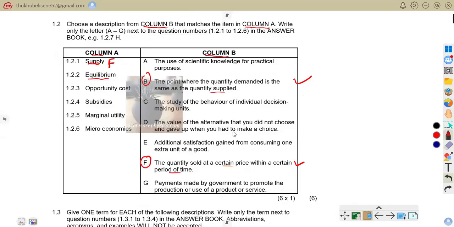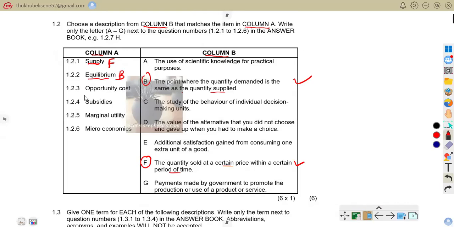So equilibrium is where demand equals supply, in short. For example, at 50 rand per loaf of bread, consumers want to buy 500 loaves and bakeries supply exactly 500 loaves. So the market is in equilibrium. The correct answer is B. Hope you are together, people.